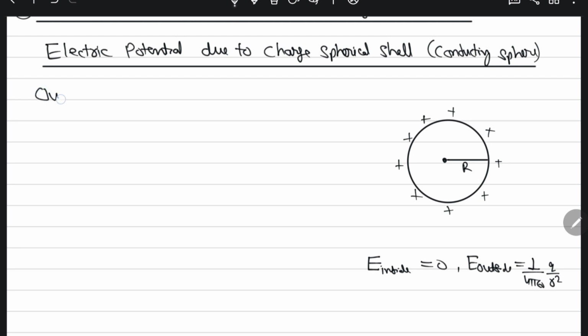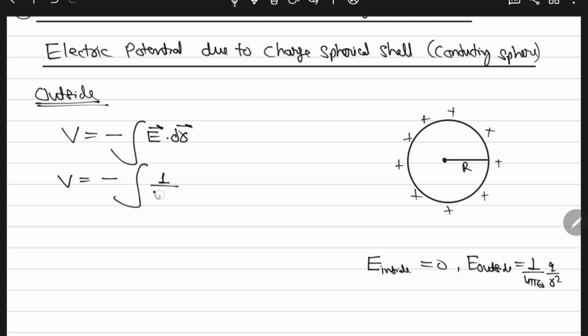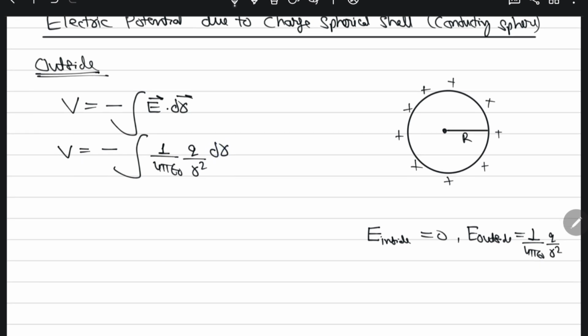First we can find electric potential outside. So potential outside due to this spherical charge shell is minus E vector dot dr vector. So 1 upon 4 pi epsilon naught q by r square dr, and we are bringing the charge from infinity to some point P outside.